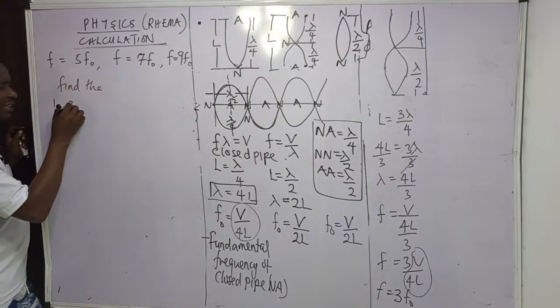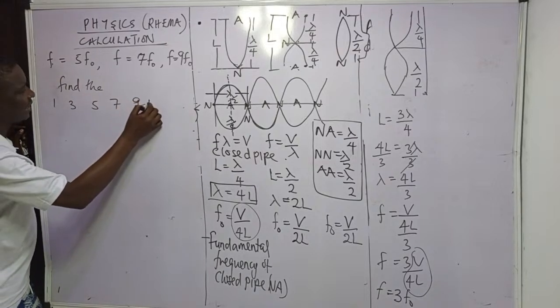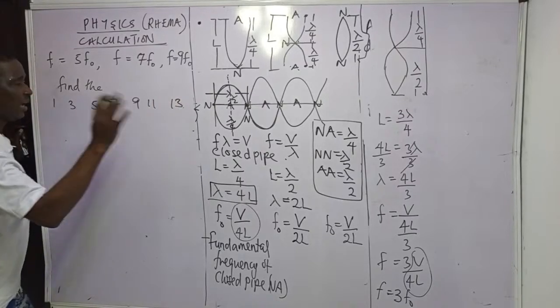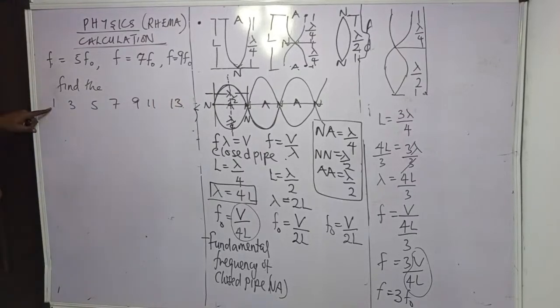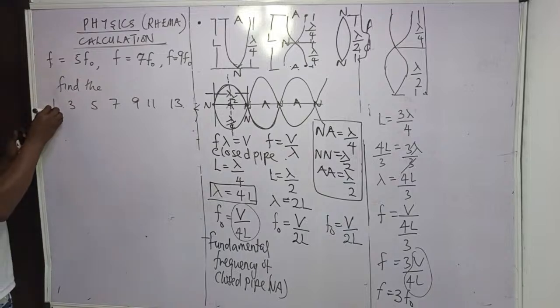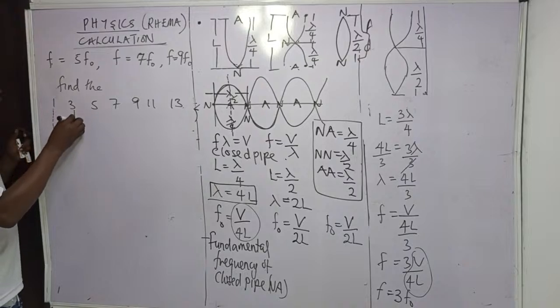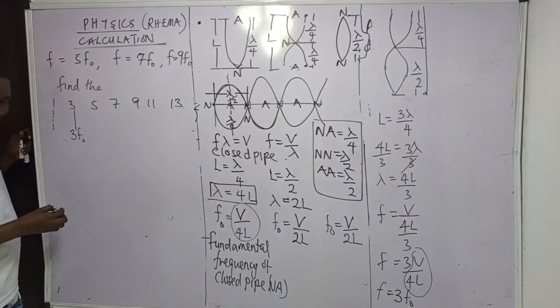Now, 1, 3, 5, 7, 9, 11, 13, and so forth. This one is the first harmonic, or the first fundamental frequency. This is the third harmonic.